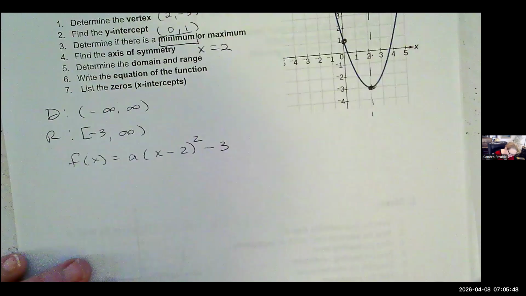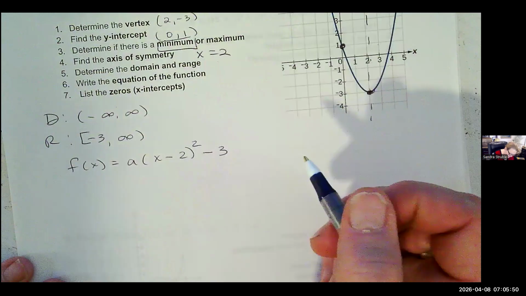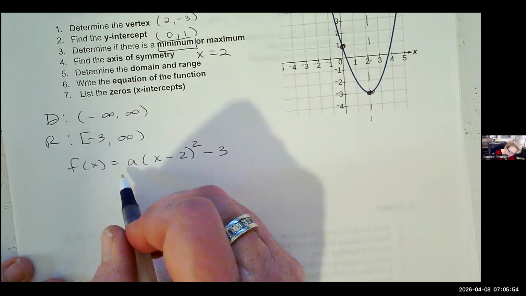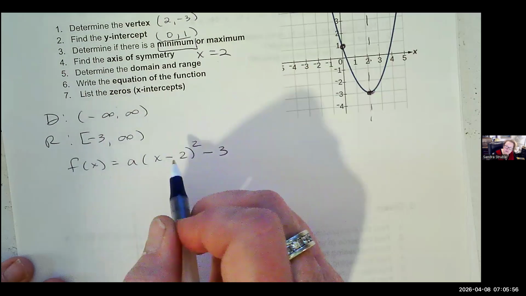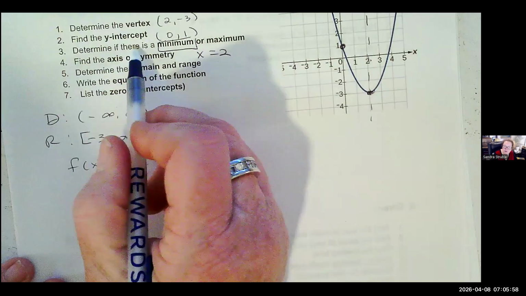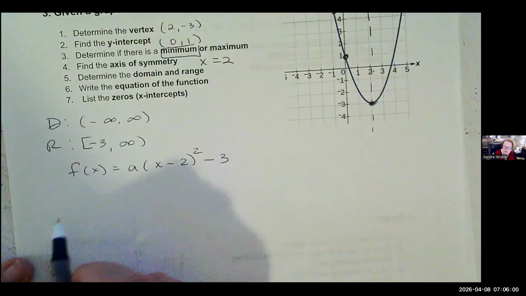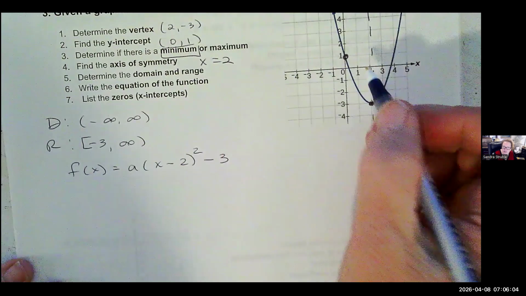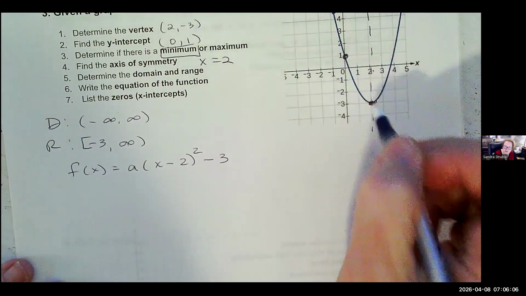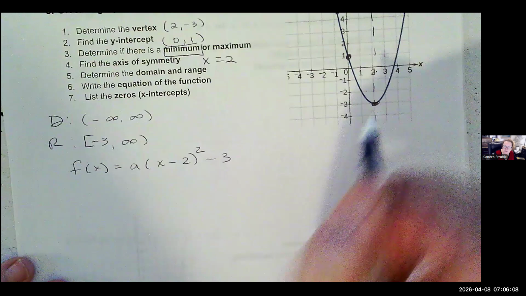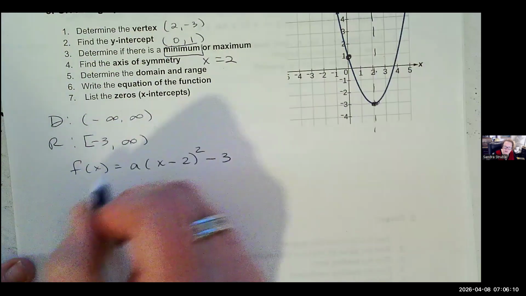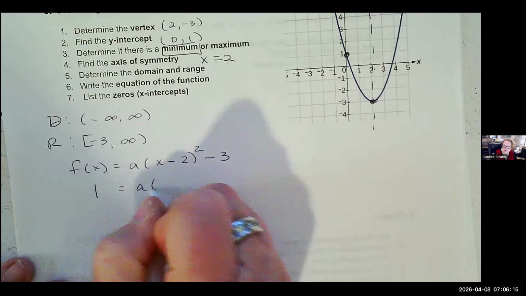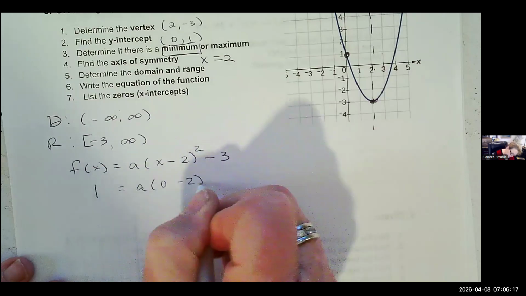We need to find a. Let's just assume we don't know what a is. In order to do that, I love to use the y-intercept because it just makes life easier. If you know what the y-intercept is, use it. Otherwise, you can use any other point on the graph other than the vertex. You cannot use the vertex. So the y-intercept is 1, and x is 0, and then we solve for a.